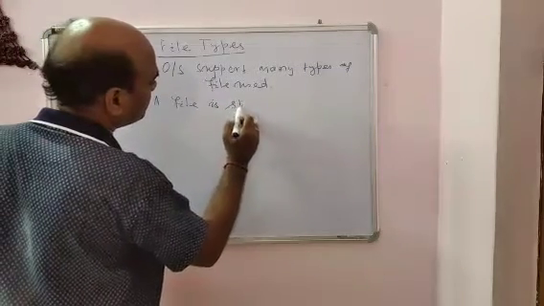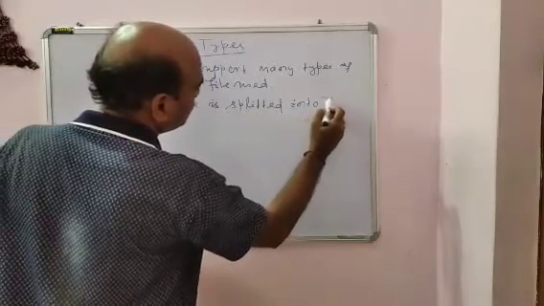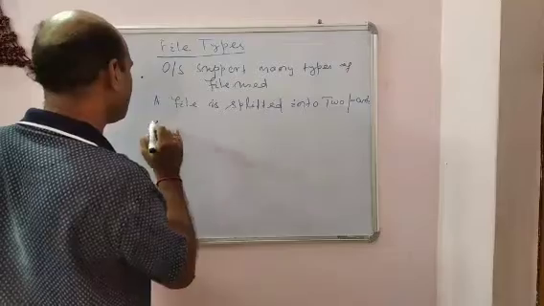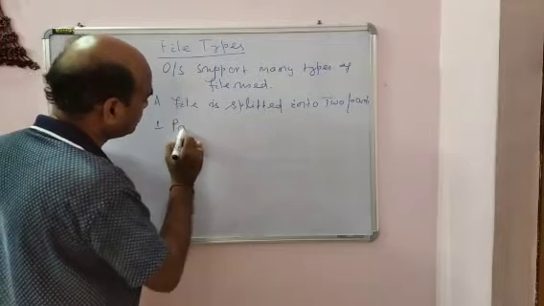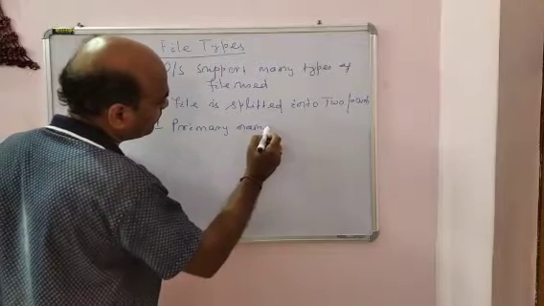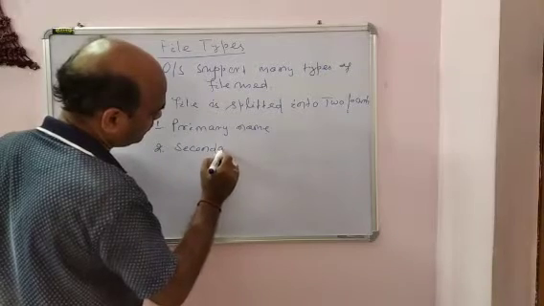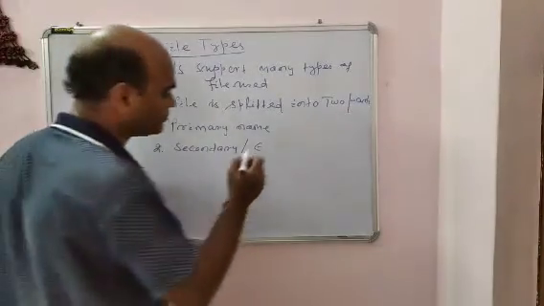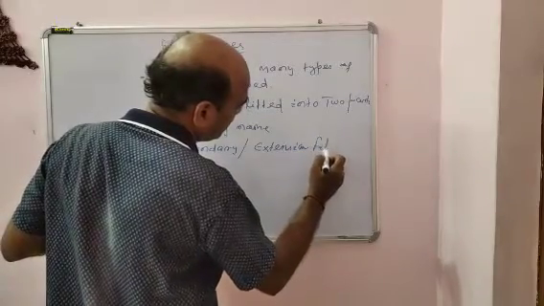One is the primary file name, and the second one is the secondary part, or file extension.